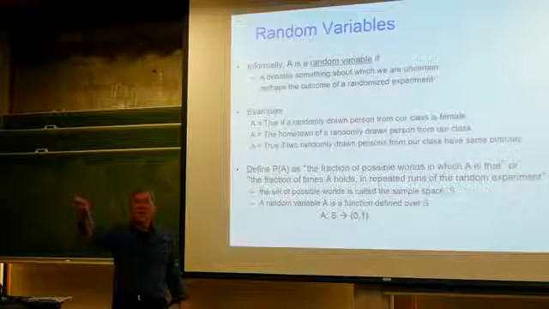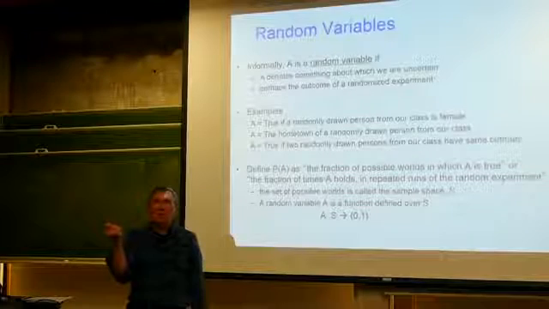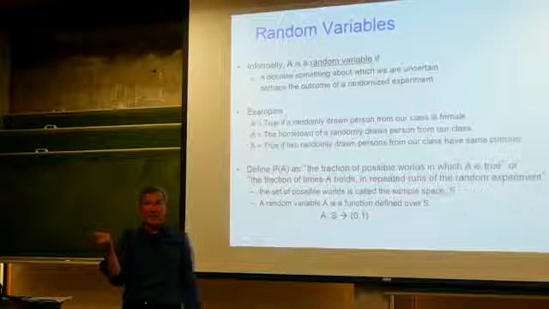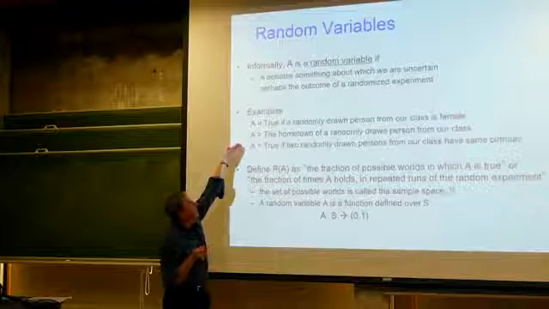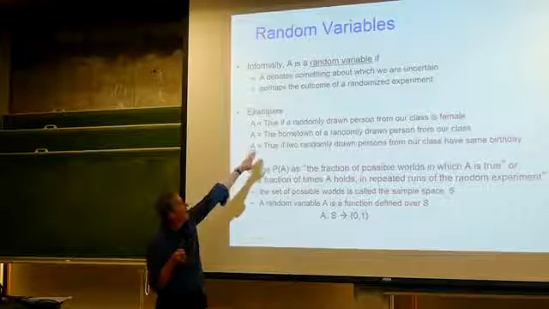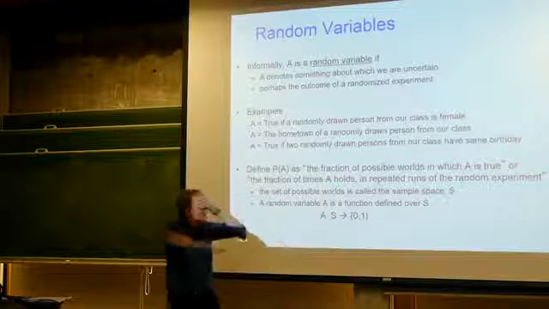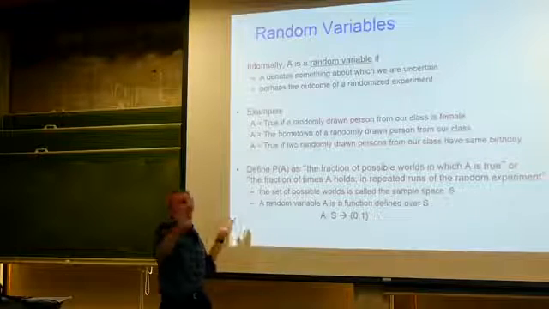I think of a random variable as something whose value is the outcome of a random experiment. For example, I could define the random variable A as true if a randomly drawn person from this class is female, and false otherwise.